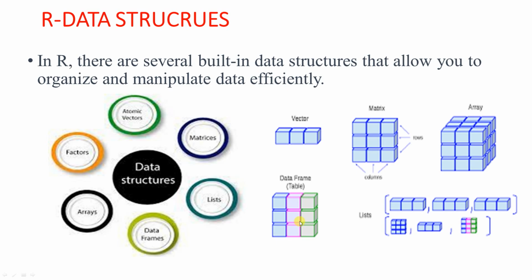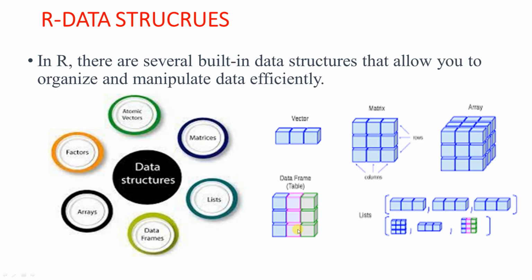If it is a numeric matrix, it can hold only numeric values. But in a data frame, the first column can hold numeric data, the second character data, and the third logical data, like that. Different types of data can be held, and that is called a data frame.